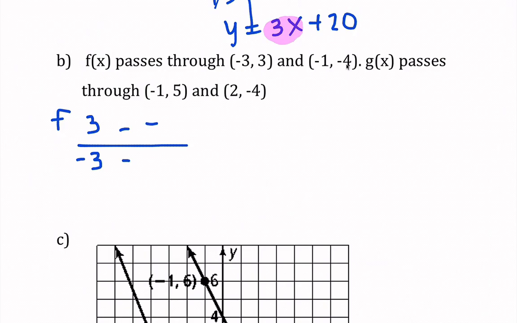And that negative 1 is going to drop below it. Okay, so if I calculate that, it's going to come out to be a positive 7 over a negative 2. So that's our slope for line F, the one that passes through these 2 points.